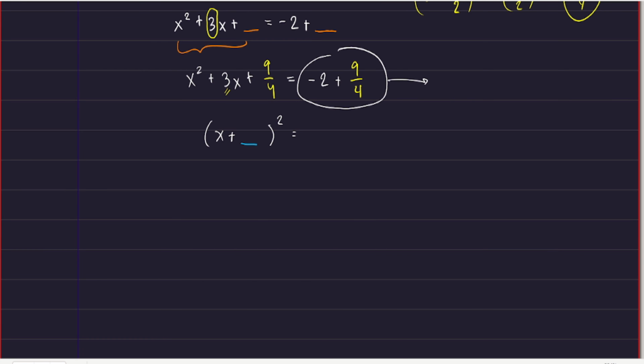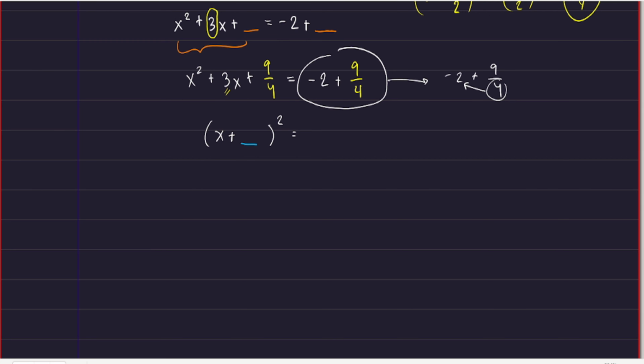Isa sa mga technique para mas madali tayong mag-solve ng ganito, if you are adding a whole number and a fraction, so let's say negative 2 plus 9/4 nga. What you can do here is to multiply the denominator by the whole number.